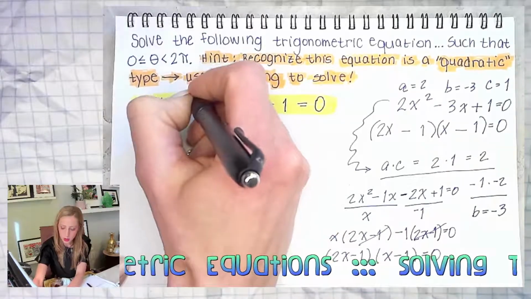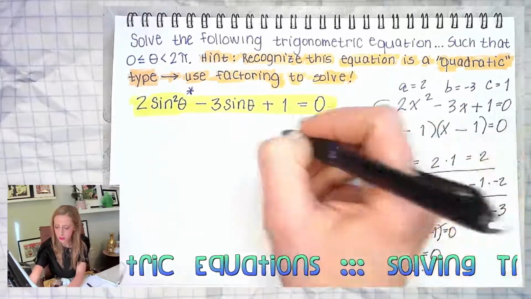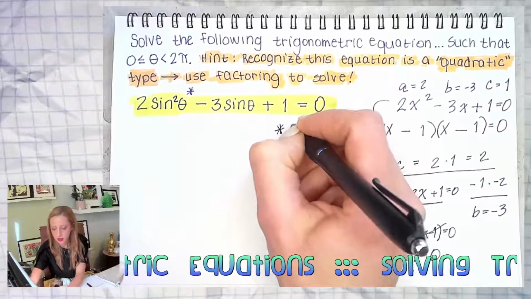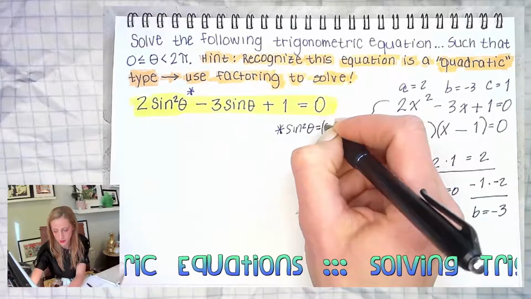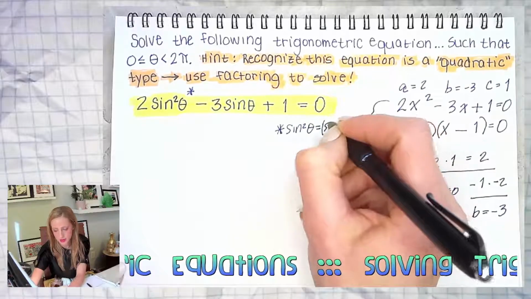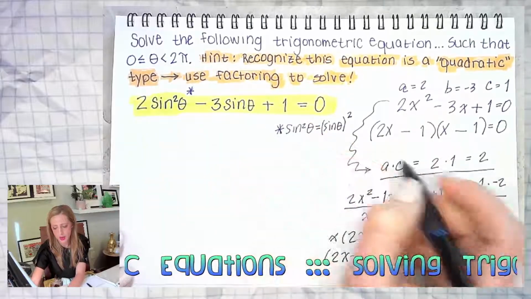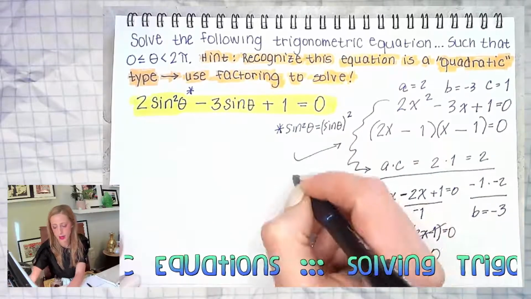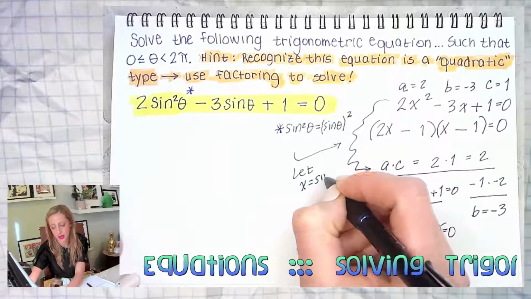Another thing, I'm just going to put a little star right here. And along with that star, let's put a little note on the side. That sine, I've gone over this, but can never address it too many times. Sine squared theta really means the sine of theta quantity squared. So that's why when we're doing the problem over there, we can kind of think of it as being let x equals sine theta.